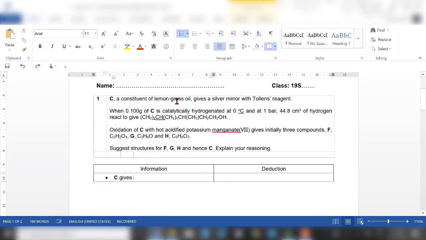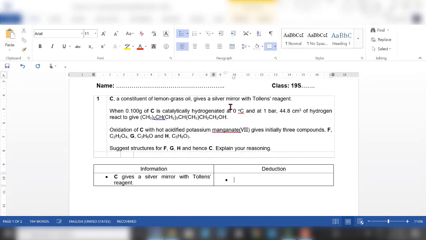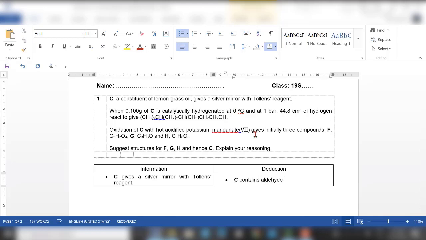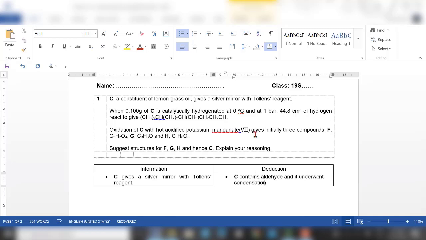So with this in mind, you can easily conclude that C contains an aldehyde group, and it underwent a condensation reaction with Tollens' reagent.